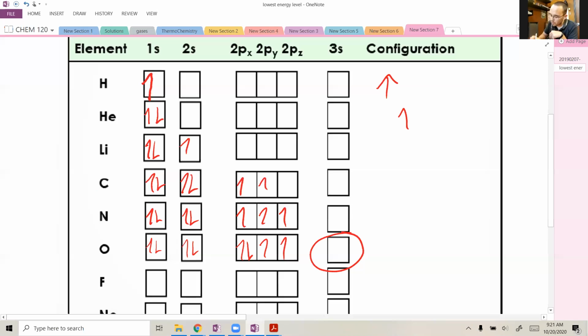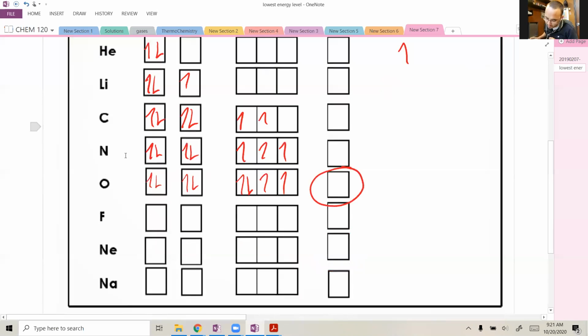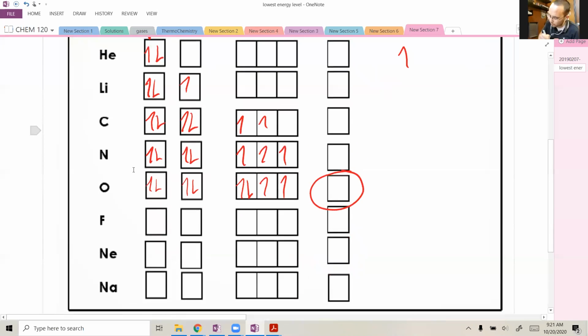We're going to still fill these in, but basically everyone gets 1 electron and then we start partnering them up. So when we go down here to our fluorine, which now has 9 electrons, it looks the same. And then neon.